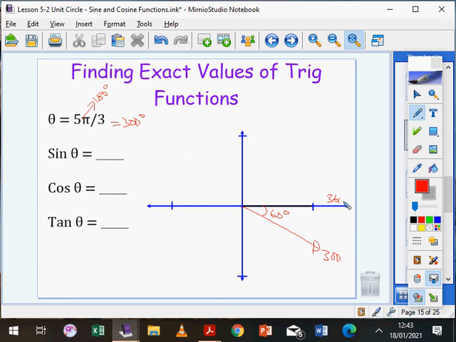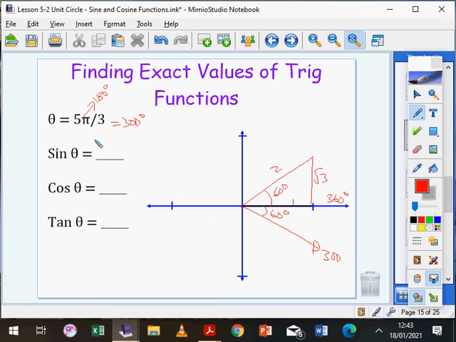Go to the first quadrant. Ask yourself, what are the ratios of 60 degrees? The hypotenuse is 2. The opposite is root 3, and the adjacent is 1. So what are the ratios of 60 degrees? The sine of 60 degrees is going to be root 3 out of 2. The cosine of 60 is 1 out of 2.